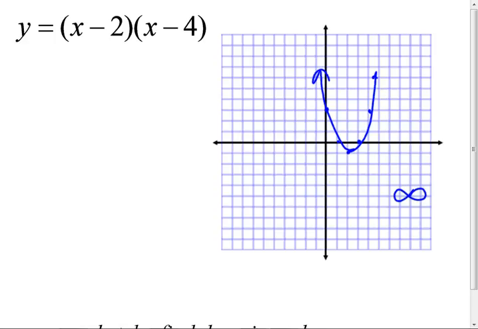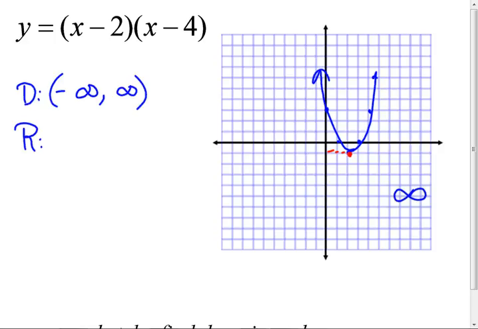Okay, guys, what's the domain? Negative infinity to infinity. Okay, what's the range? Jesse, what's the range? No. Look at the picture. It's right here. What is that y value there?